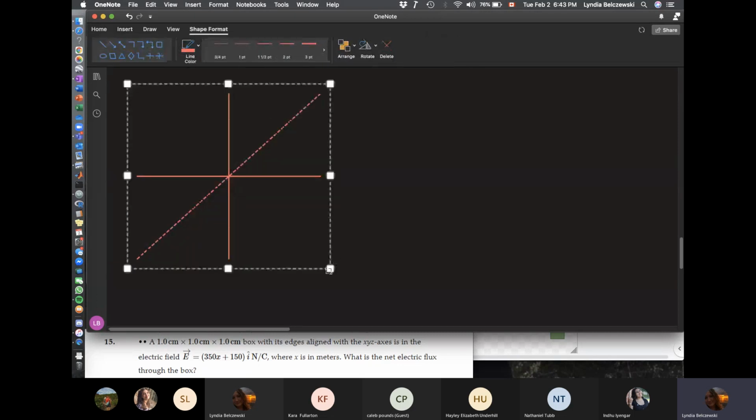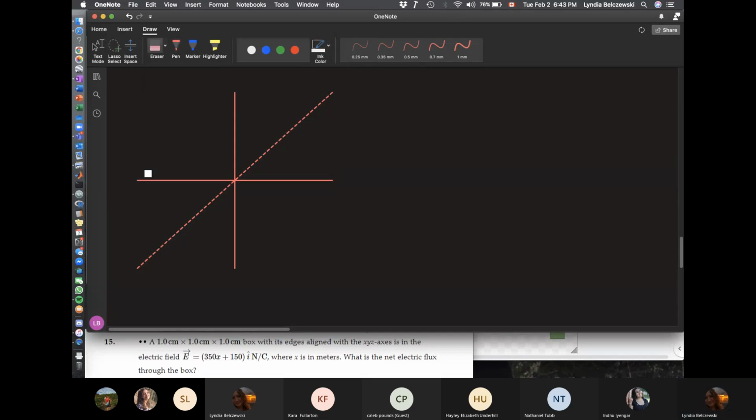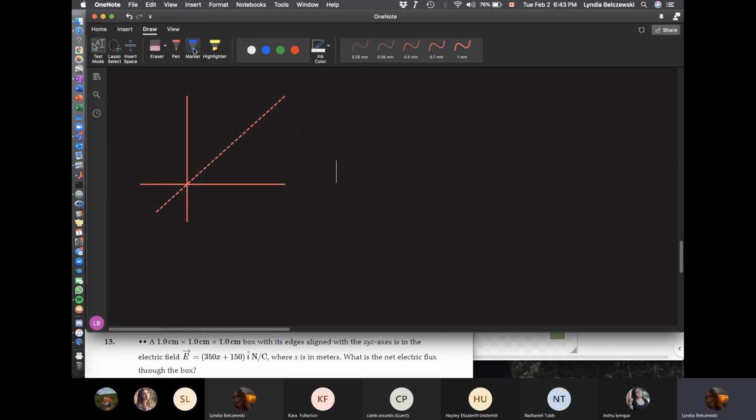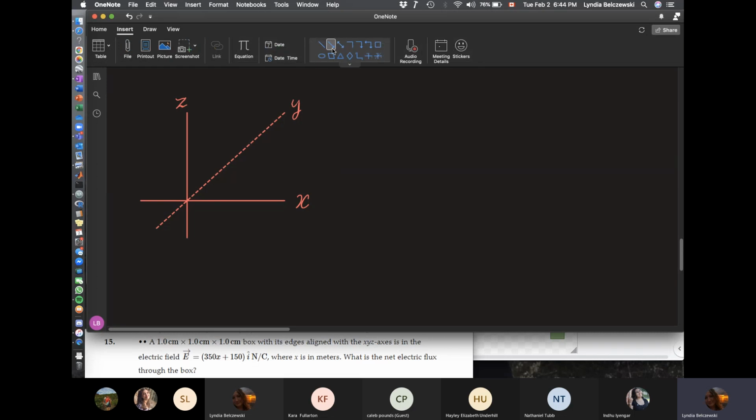That helps with these types of questions. Okay, so here's our three-dimensional graph. Here is our positive x-axis, here's the positive y-axis, and here is the z-axis. And there's a box sitting in this coordinate system, and I'll even draw it nicely for you.